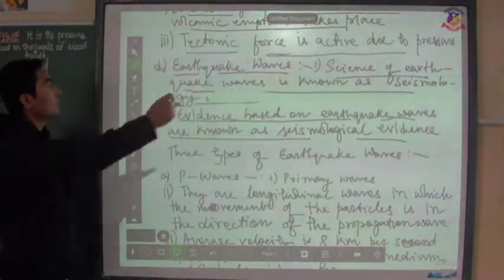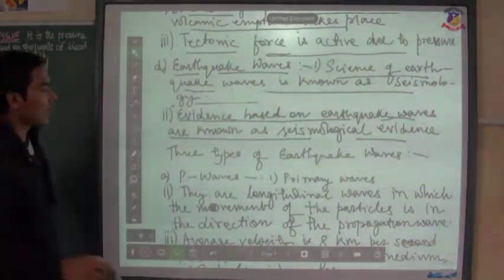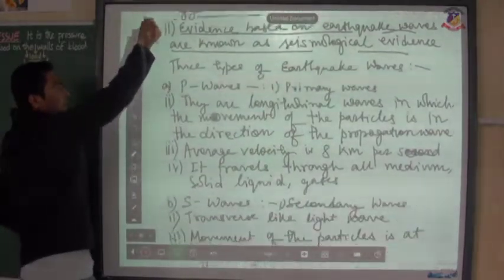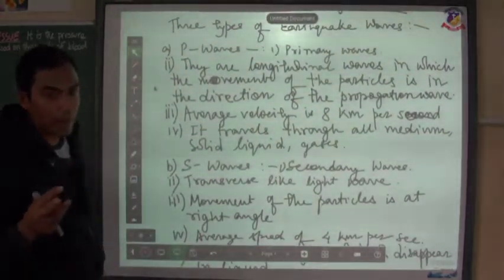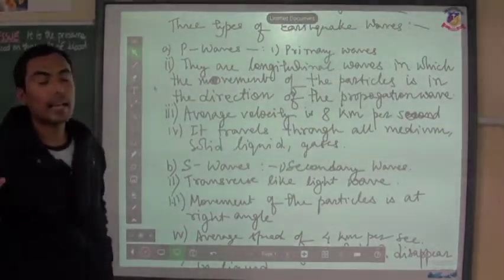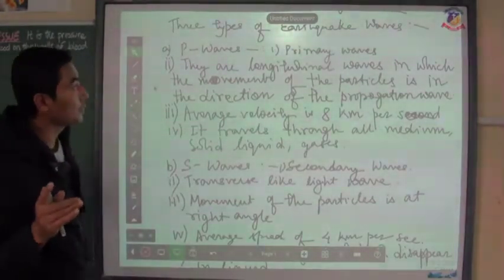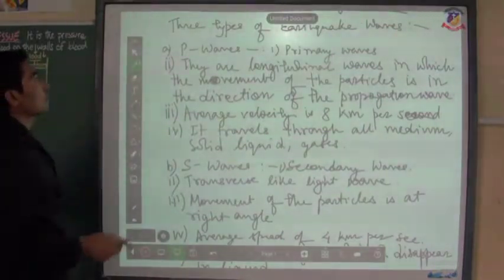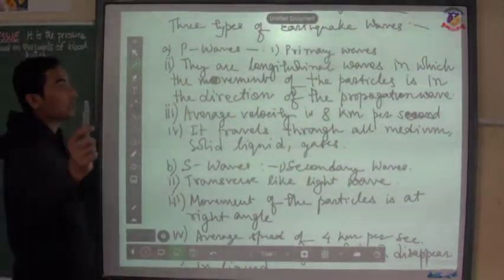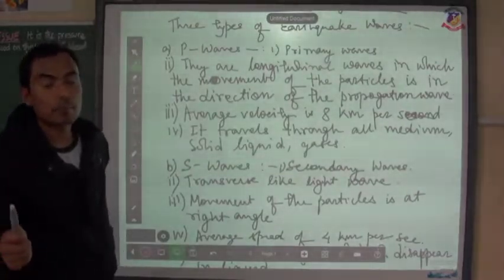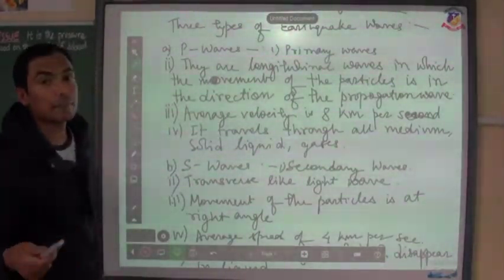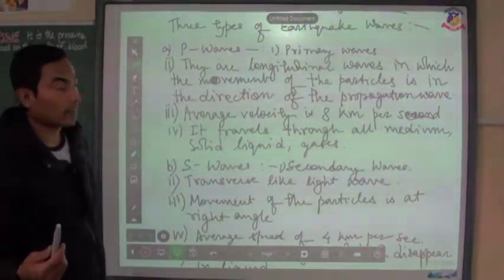Now if you look at this, earthquake waves are of 3 types: the primary waves, secondary waves and the long waves. First, let us discuss the primary waves. The primary waves, or P waves, have a few characteristics.